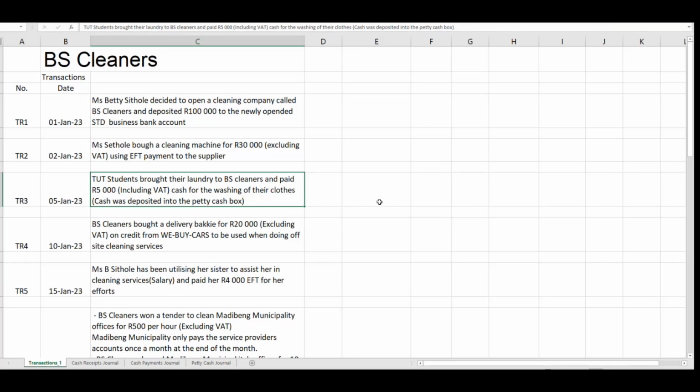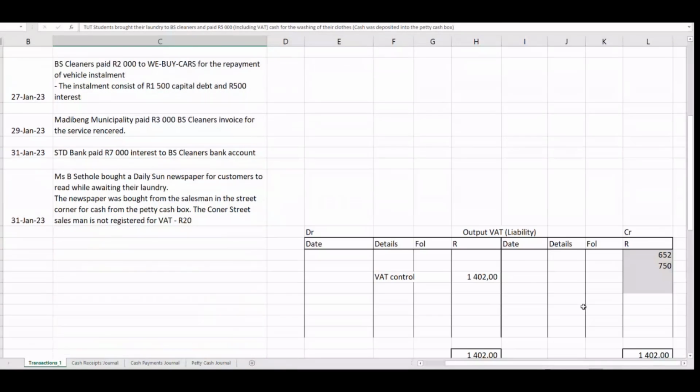What we've just done is the VAT part of it, of which, remember, there are other accounts that are affected by that transaction as well. So we'll just quickly do them.